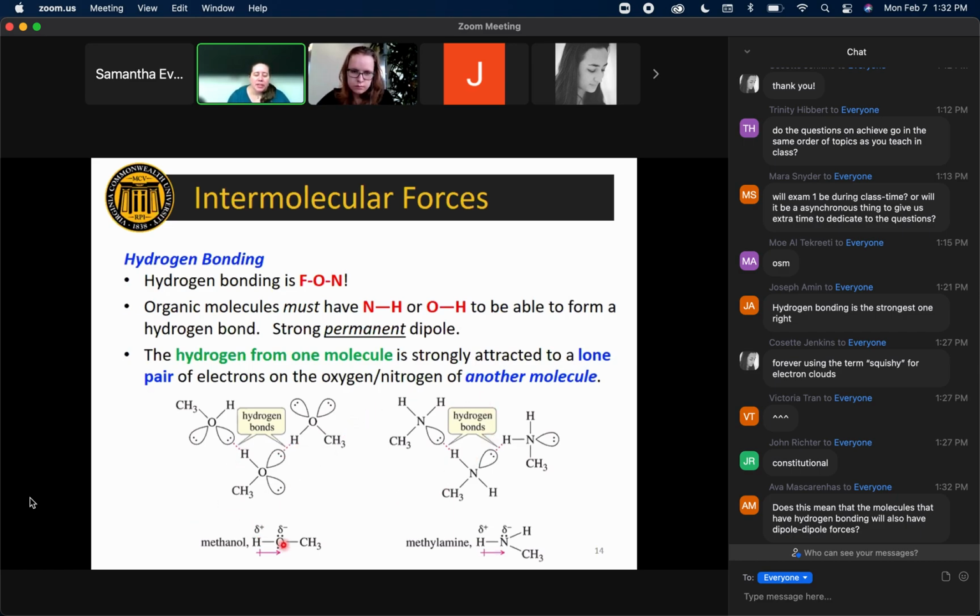So the key feature here is the polarity of that OH bond, or in the case of methylamine, the NH bond. That polarity gives that hydrogen atom a very strong delta plus. Notice methanol still has three other hydrogens, and methylamine has three here and then one there. Don't worry about that. But these CH3 hydrogens, the hydrogens attached to carbon, can't participate in hydrogen bonding.